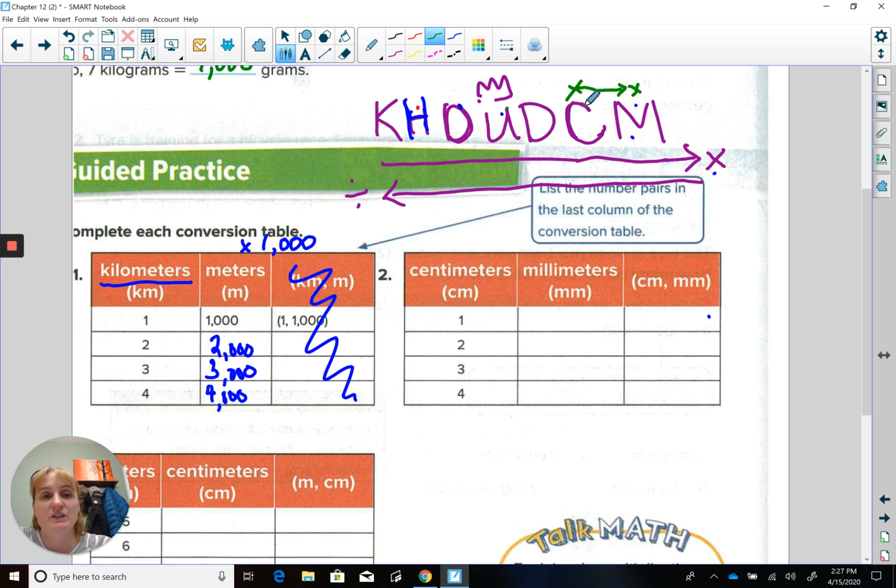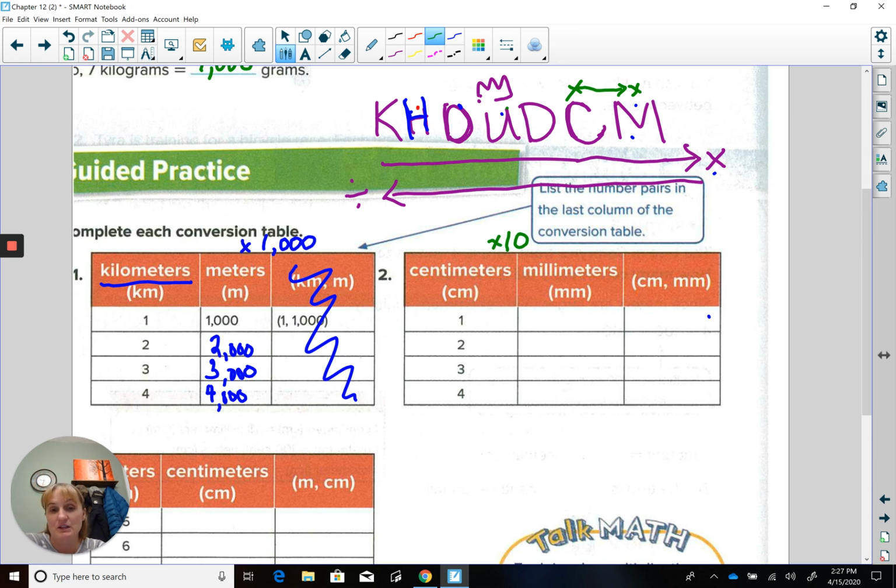But we took how many jumps? Just 1. So it's only going to get 1 zero, or 10. All of these are bases of 10. So every time you move over, you're moving over another 10, whether you're multiplying or you're dividing by that multiple. Okay, so we're going by 10, and we did say that we were multiplying, so we are multiplying by 10.